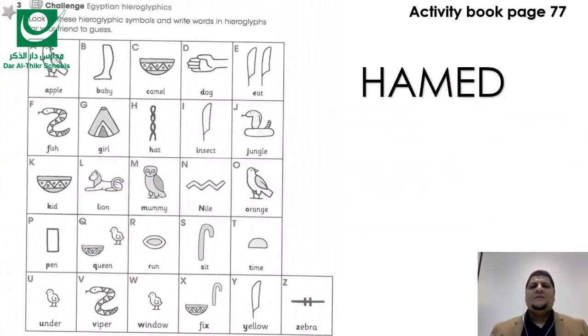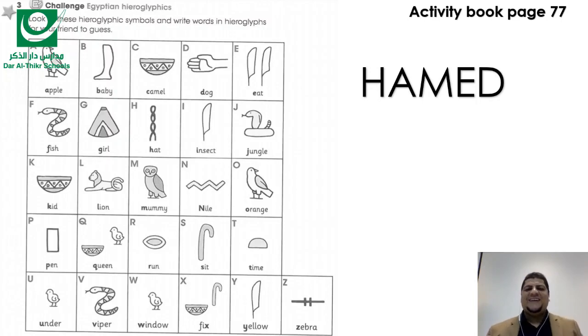Okay, now go to your activity book, page 77, exercise 3. This is a kind of a challenge. You are going to look at the hieroglyphic symbols and write words in hieroglyphs for your friends and your family to guess. How are you going to do this?